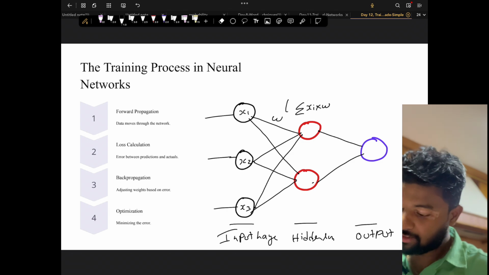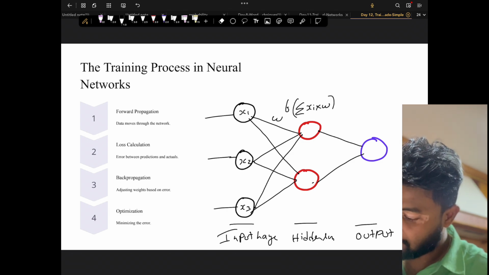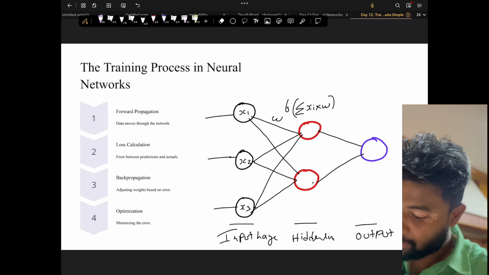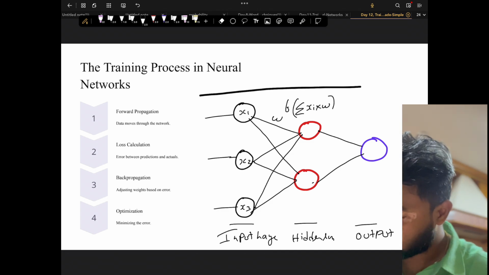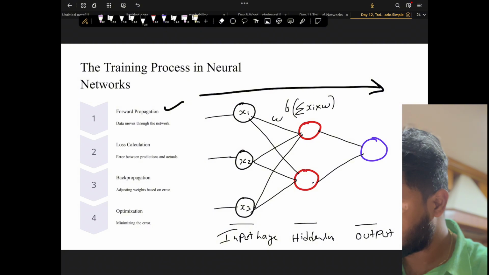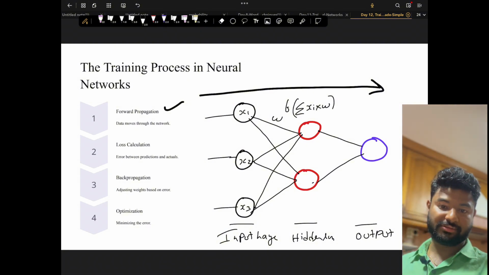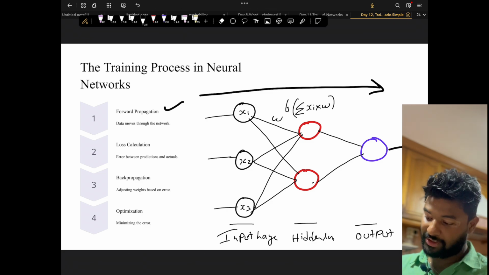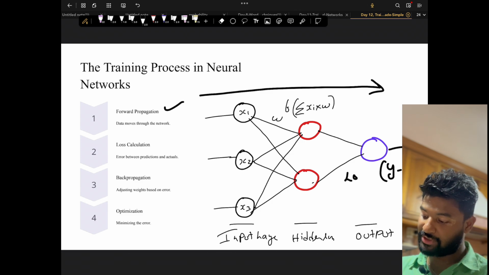And then every neuron would also have something called an activation function. So when we do all this process from end to end, technically what is happening? A forward propagation is being done. After the forward propagation is completed, at the end we calculate the difference between y minus y hat, which is nothing but the loss function.